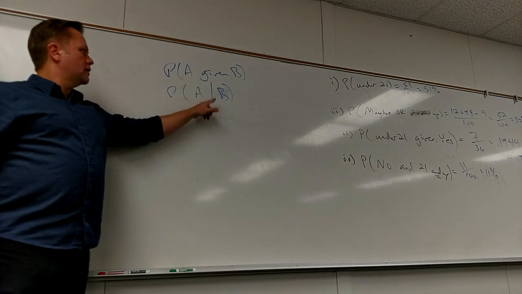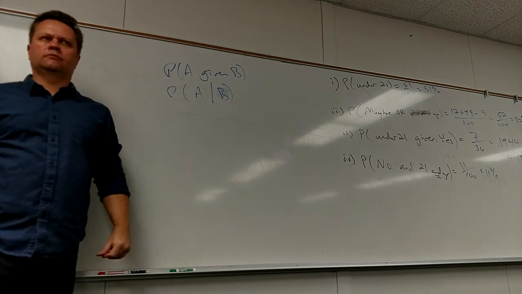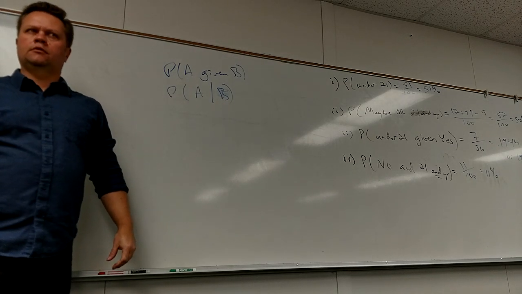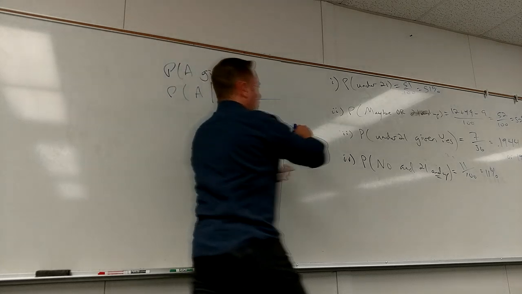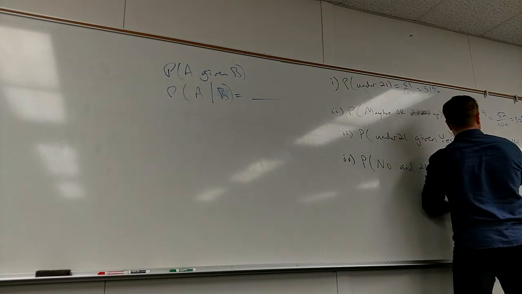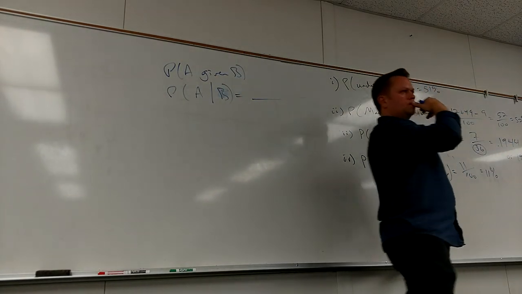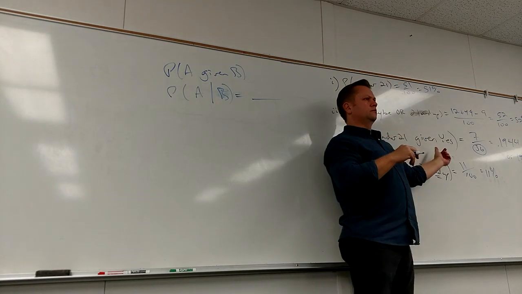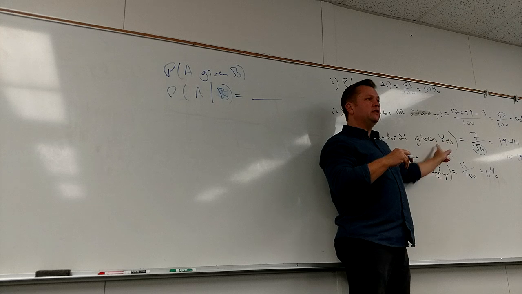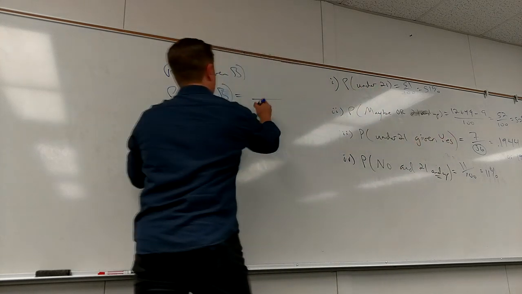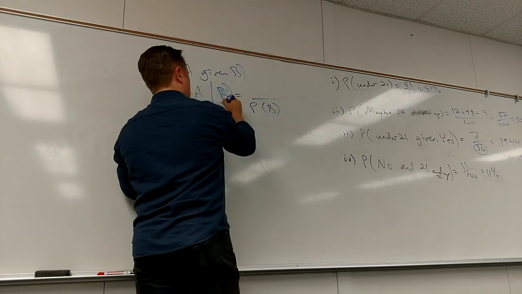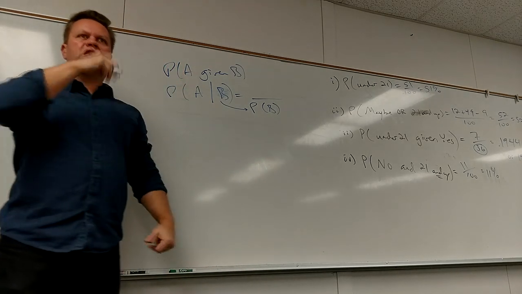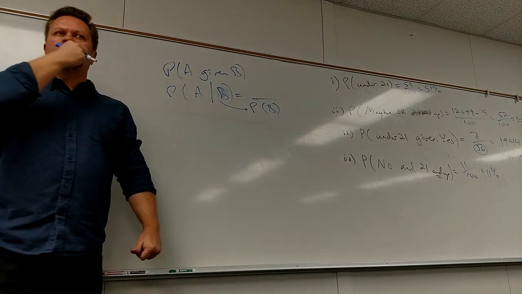Probability of A, given that B happened. So what do we put on the bottom? Where did that 36 come from? The yes people, the given thing, right? So on the bottom is going to be the B stuff. The given thing is going to go on the bottom.